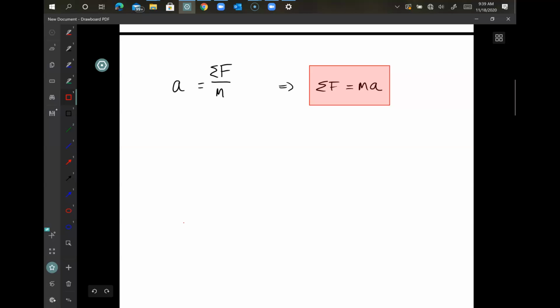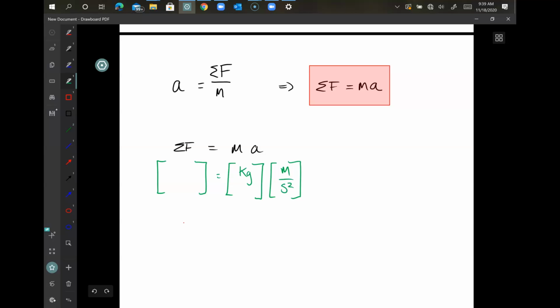We can make use of that to figure out what the units must be for force, because the units of force must be equal to the units of mass times the units of acceleration. Let's see what all of those are. We'll leave a blank on this side, and then a space for the unit of mass, and then a space for the unit of acceleration. Mass, we know: kilograms. Acceleration, we also know: meters per second squared.